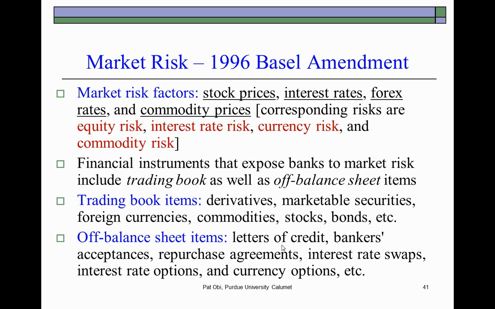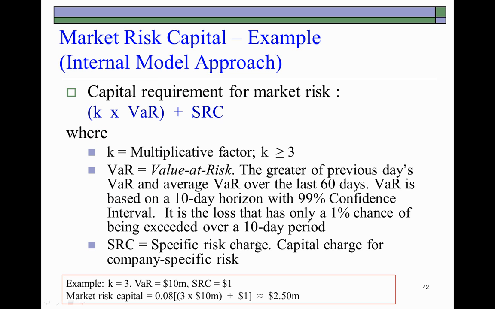And as a result, in also determining capital requirements for market risk, we include off-balance sheet items that the bank transacts in. So it's not just those that are explicitly listed here, but also those that are not explicitly shown on the bank's financial records.